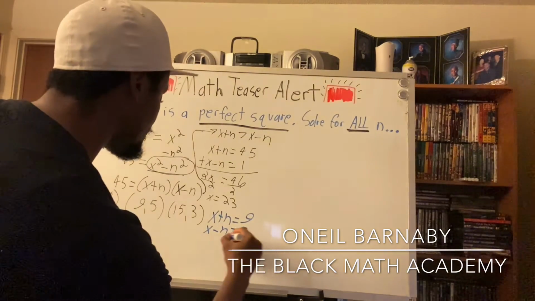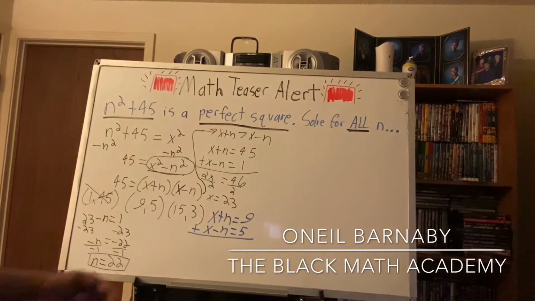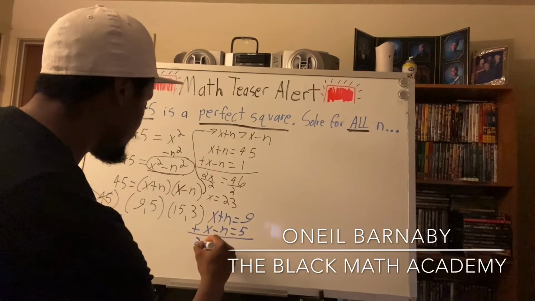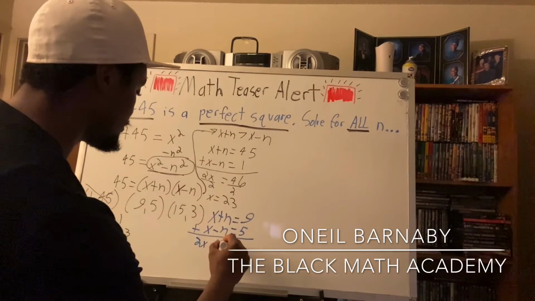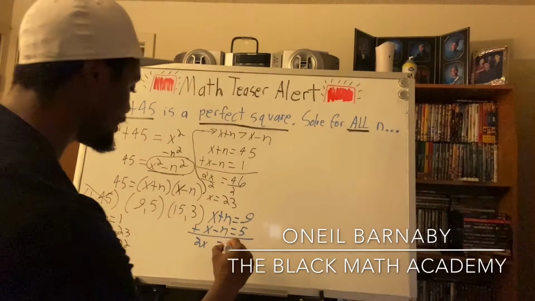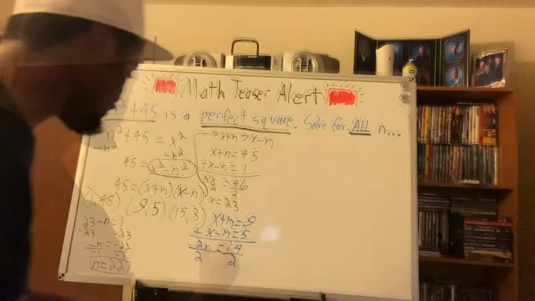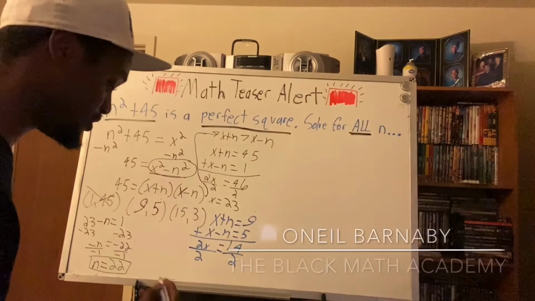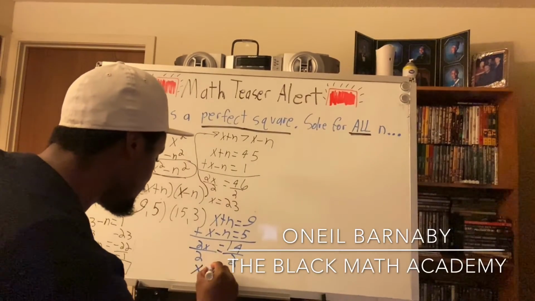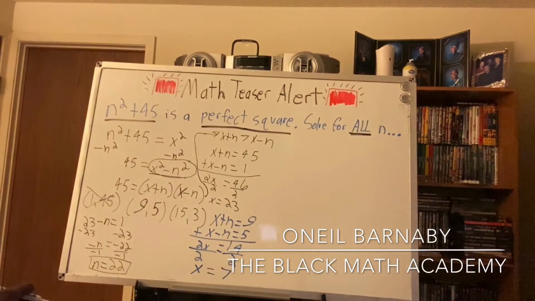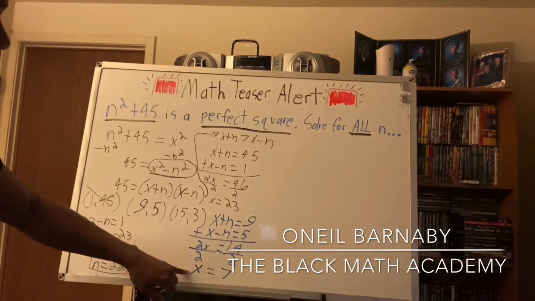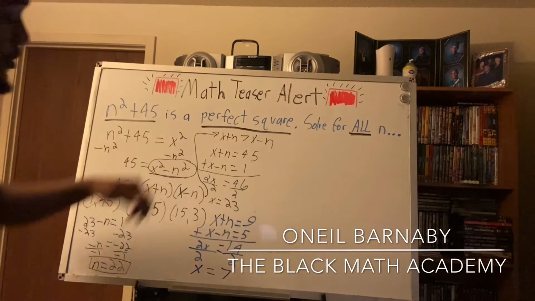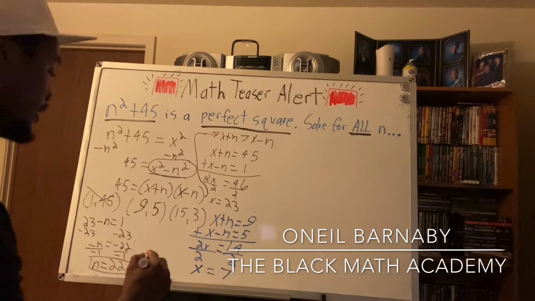Here we would add these two equations to each other. All right. X plus x is 2x. N minus n disappears. And 9 plus 5 is 14. Divide both sides by 2, and you get x is equal to 7. All right, so then you take x and you plug it into one of the two originals. We'll just use the same one we did before.